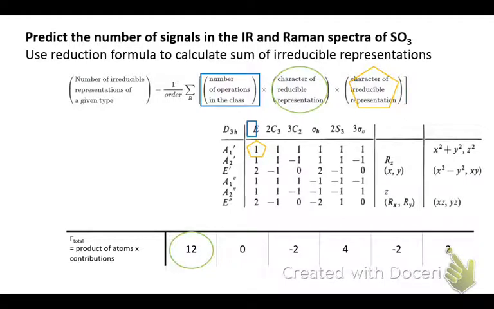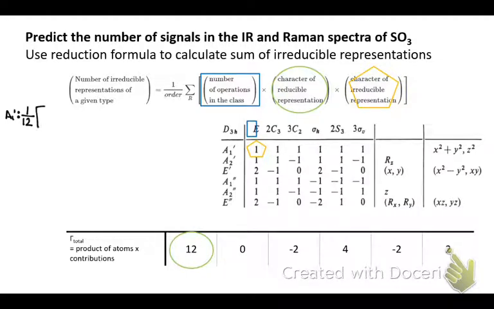Okay, so let's see how that works. In the case of the A1 prime, we're going to start: how many A1 primes do we need in our reducible representation? We need the order, which here is 12.